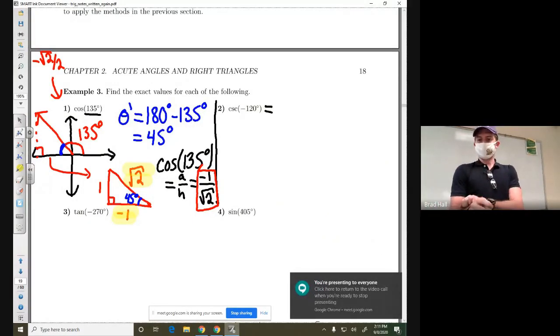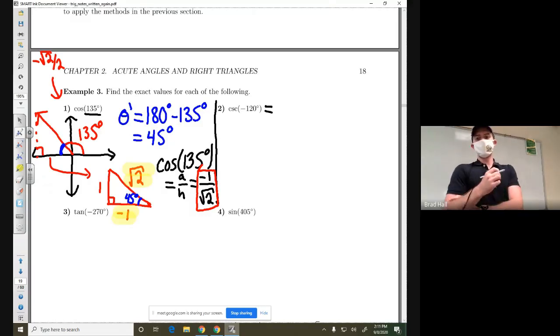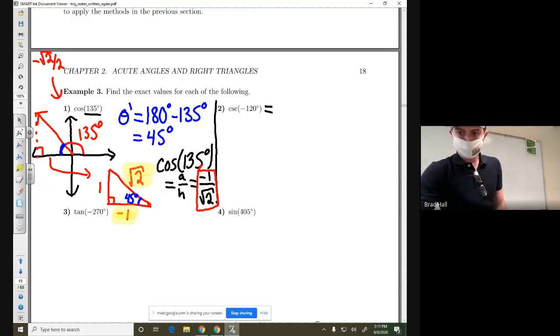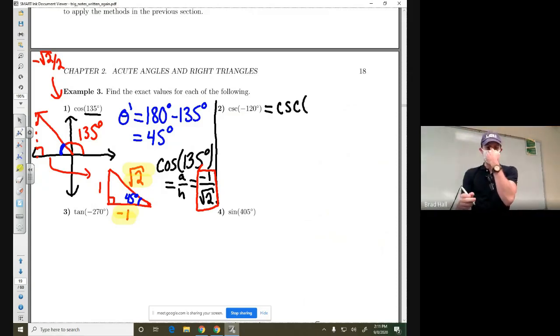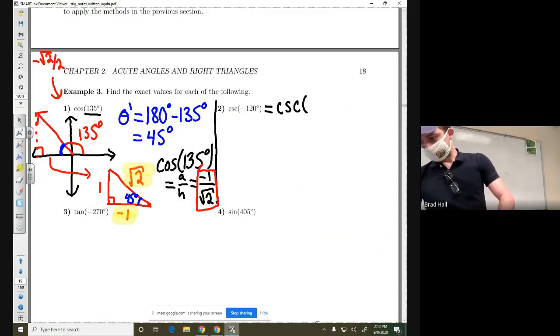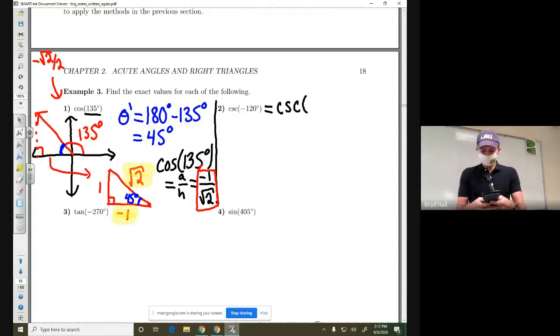All right, so the next one is cosecant of -120. As I mentioned before, I would rather not look at -120, but instead look at a positive coterminal angle like we did before. Instead of -120, we can look at something coterminal, which means some multiple of 360.